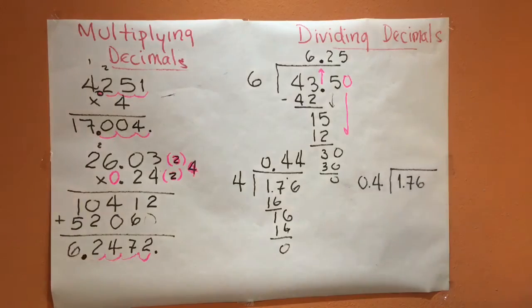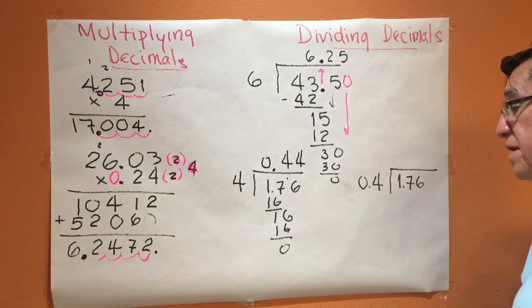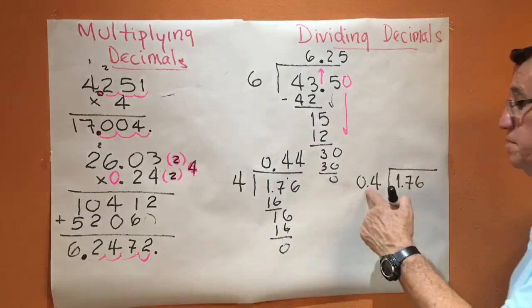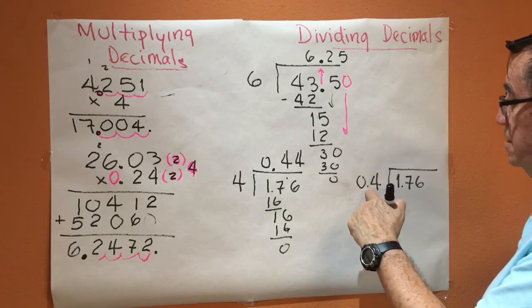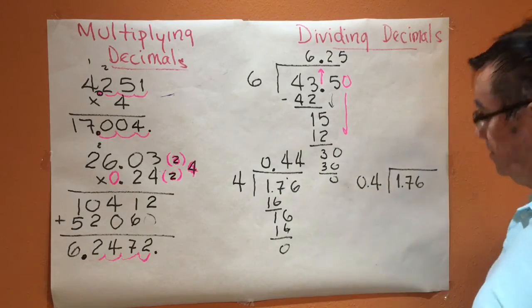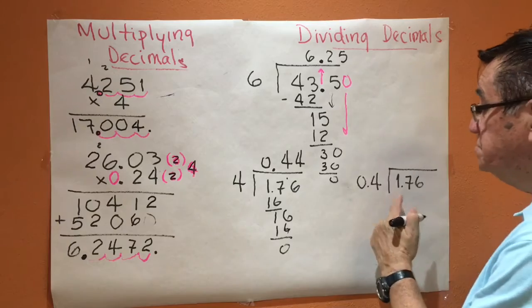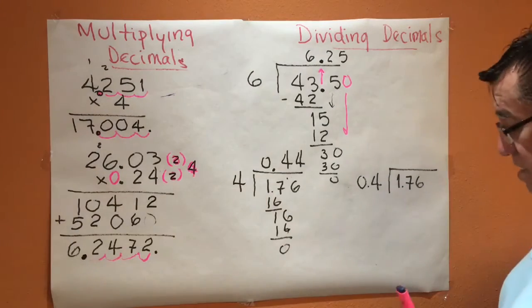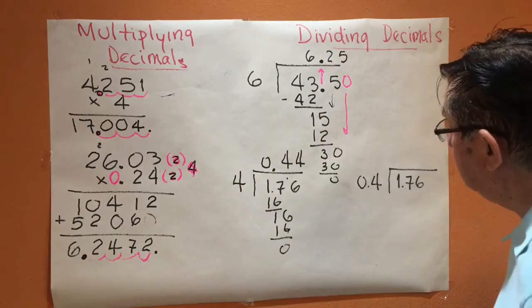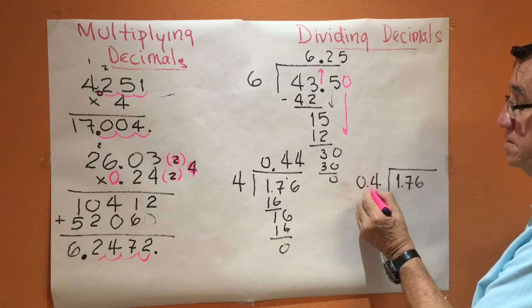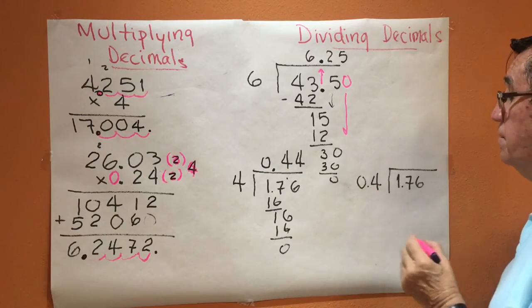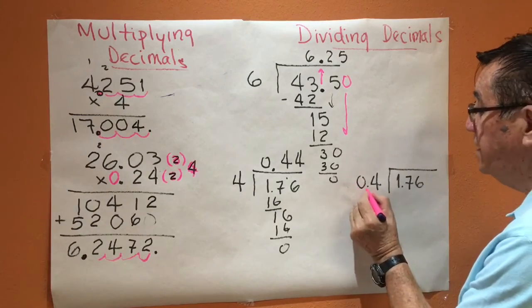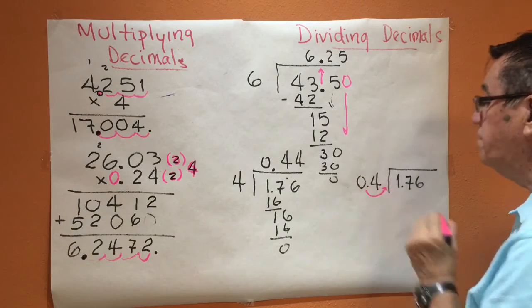Well, what happens if we have 2 decimals in the dividend and the divisor? Well, I have to try to go to this case. What can I do? I have to change this decimal number into a whole number. And how do I do it? I have to move this decimal point 1 place.